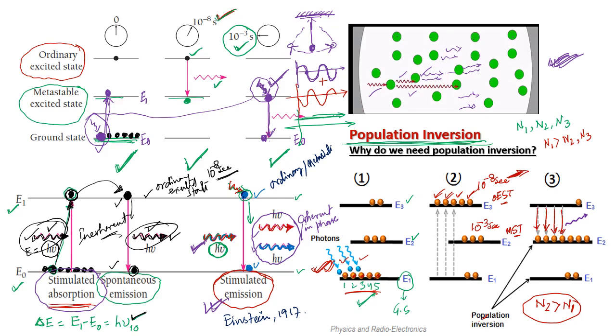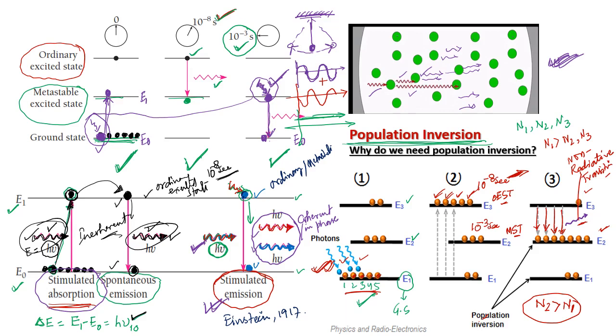This process, from the ordinary excited state coming down to the metastable state, is known as the non-radiative transition, in which we do not get any radiation.